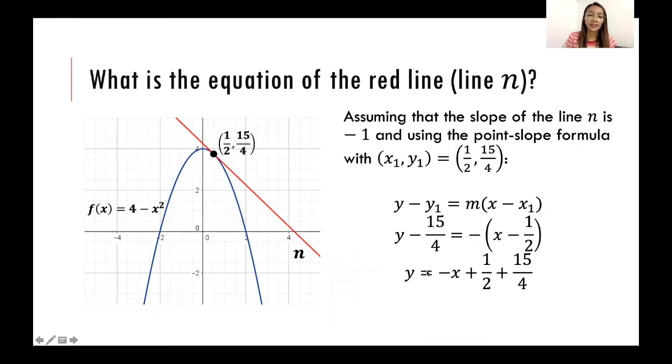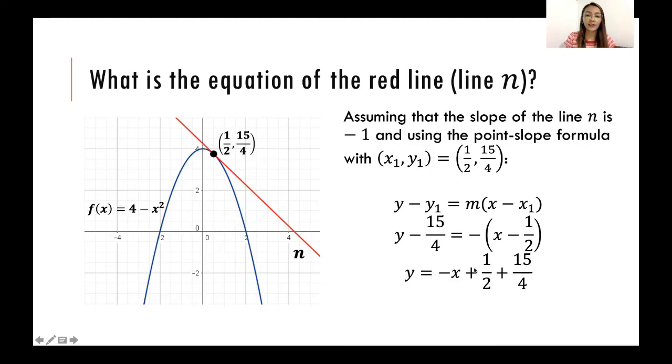So we have y is equal to, so si 15 over 4 po is na-transpose na siya dito sa kabila. So, ito naman, tig-distributive property. So, we have negative x and then negative times x, that is negative x, and negative times negative 1/2 is positive 1/2.